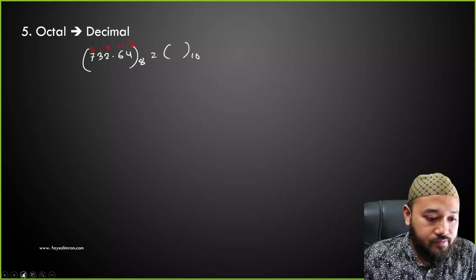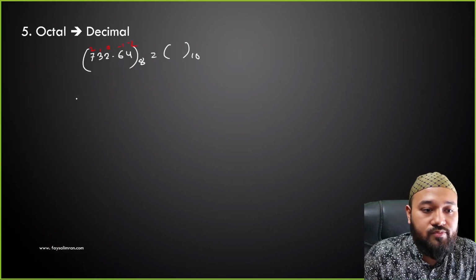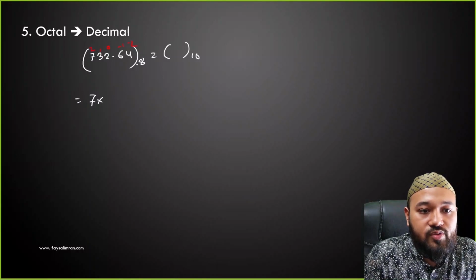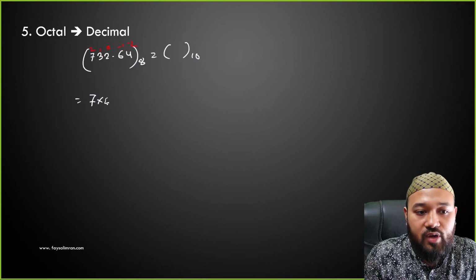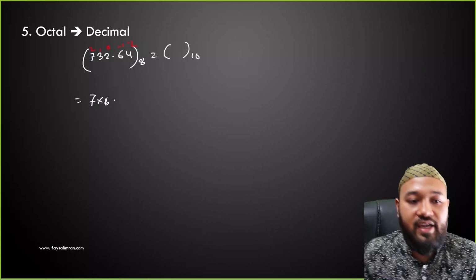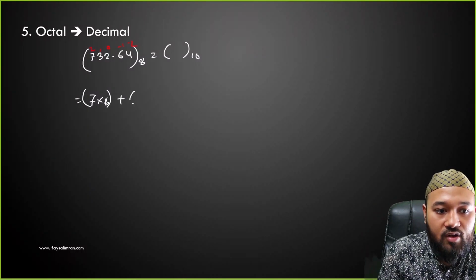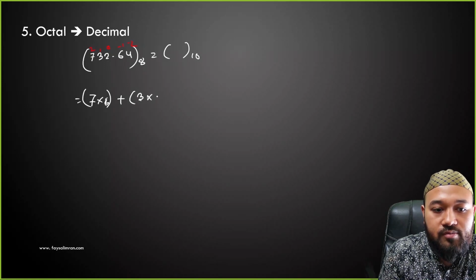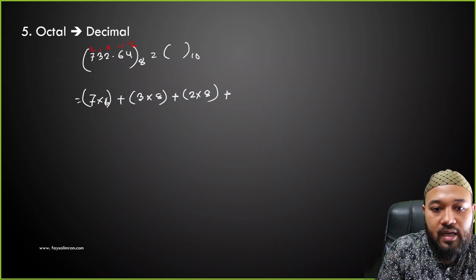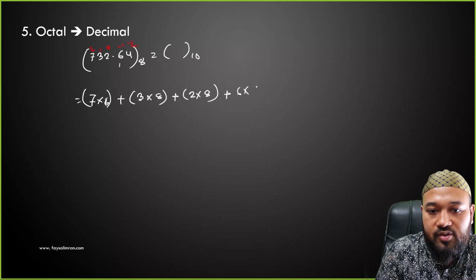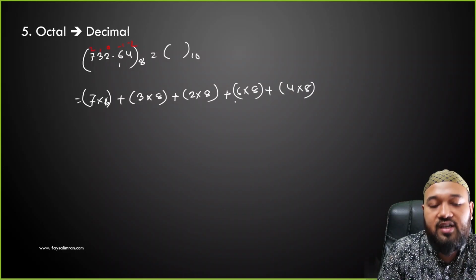Okay, so I'm going to calculate 7 into, here 8 is the base, so I have to multiply this by 8. So 7 into 8, plus 3 into base 8, plus 2 into base 8, plus 6 into base 8, plus 4 into base 8.